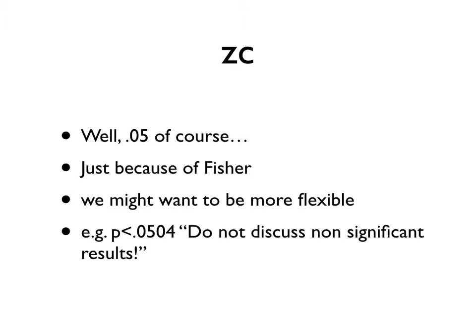I was told by the editor not to discuss non-significant effects. I could have just rounded that to 0.05 and that would have been fine. But no, I was trying to be nice. Seems a little silly, doesn't it?